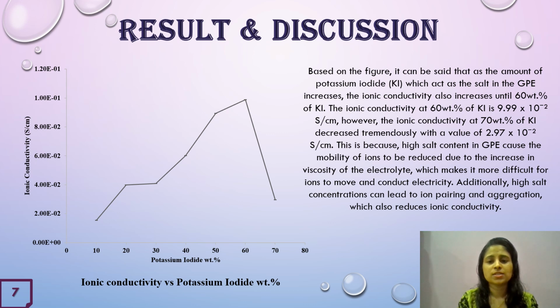This is because high salt content in the gel polymer electrolyte causes the mobility of ions to be reduced due to the increase in viscosity of the electrolyte, which makes it more difficult for ions to move and conduct electricity. Additionally, high salt concentrations can lead to ion pairing and aggregation, which also reduces ionic conductivity.